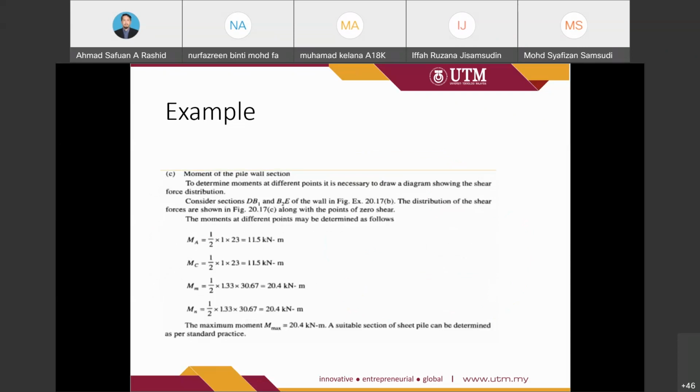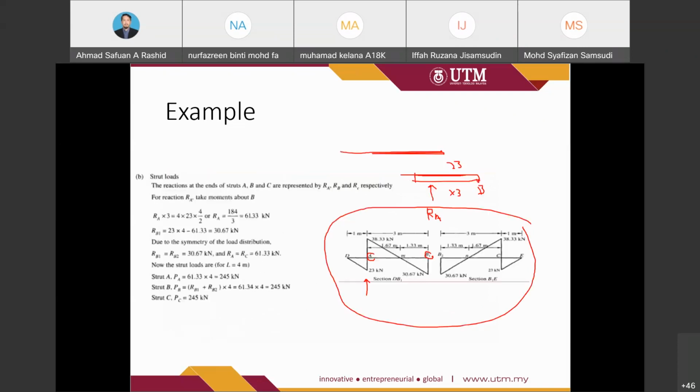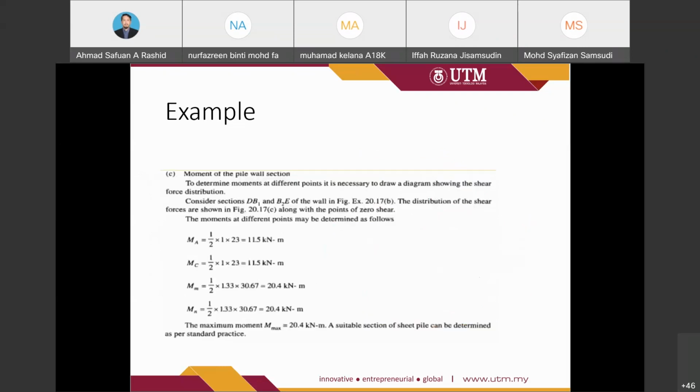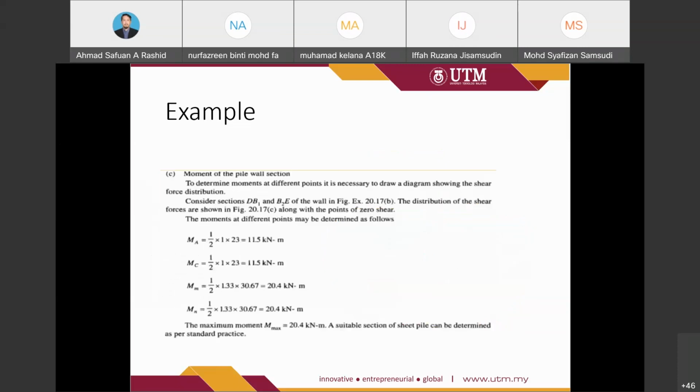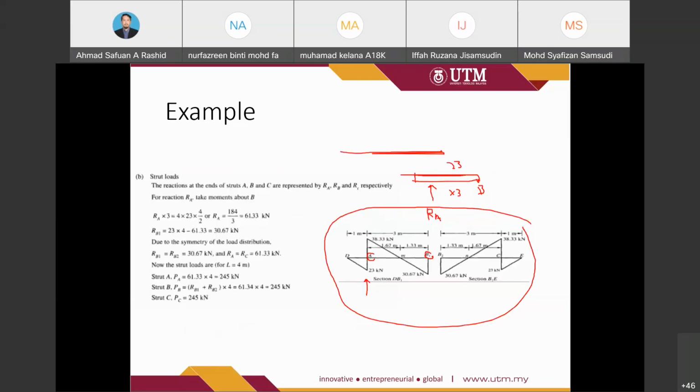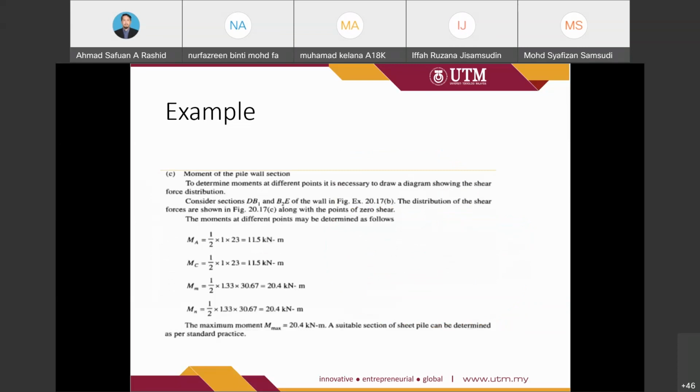So for example, the MA is half times 1 times 23. This is the MA. Then for the MC, MC is the same, half times 1 times 23.